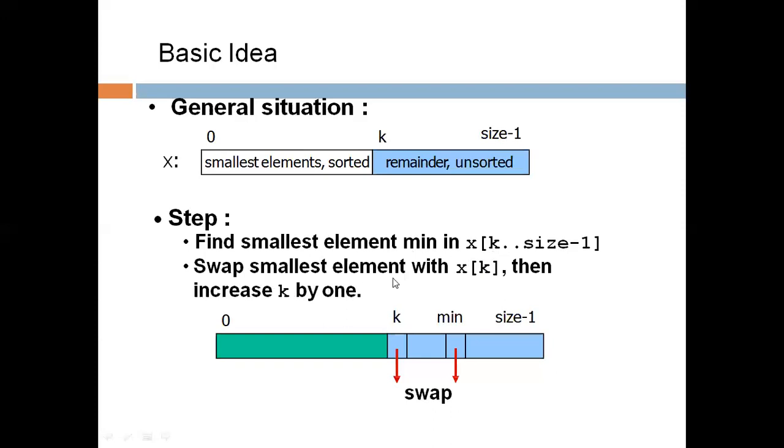Swap the smallest element with x[k], then increase k by 1. So suppose this is the minimum element, and we want to ensure this kth position, then x[k] and x[min] will be swapped. Through an example it will be more clear.